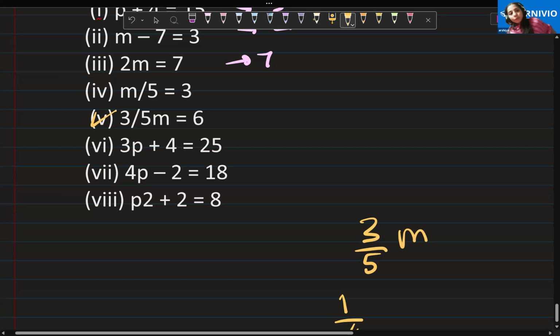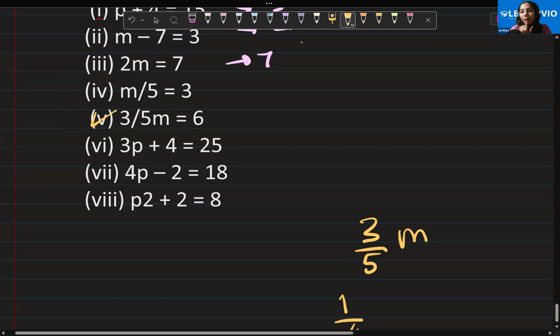If it's 1 by 4, you will not say one part of 4. You will call it 1/4. So 1/4 of m. Similarly, if it's 3 by 5, what are you going to call it? You call it 3/5, and 3/5 of the number m will be 3. Is that clear?